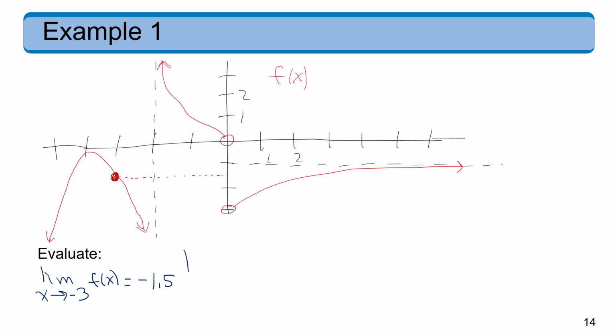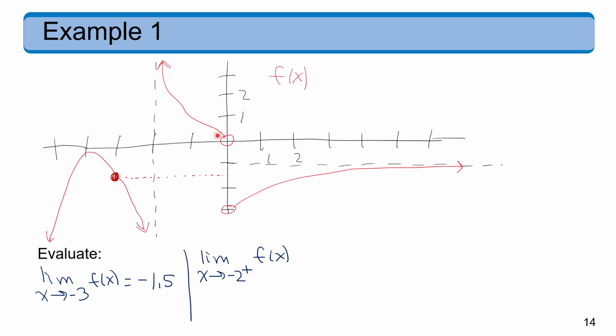Okay, let's do another one. Let's do the limit as x approaches -2 with this plus here of f of x. So remember that superscript plus means from the right. So -2 is right here, and we're approaching -2 from the right, right? The plus does not mean towards the right, it means from the right.